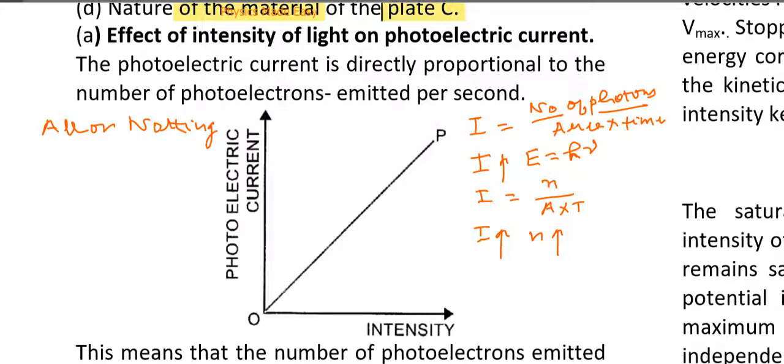What does this mean? A photon cannot be shared between two electrons. For example, suppose this is the electron and radiation falls on it like this. What will happen?